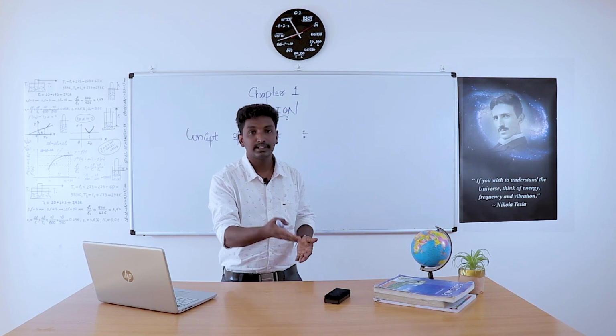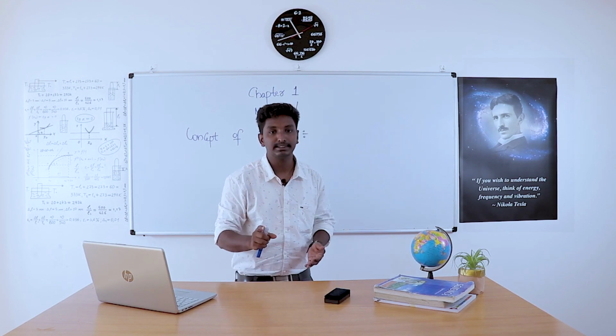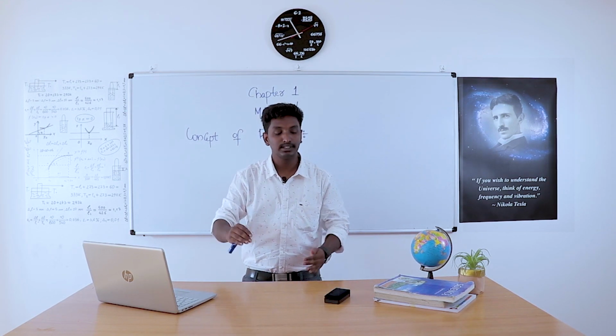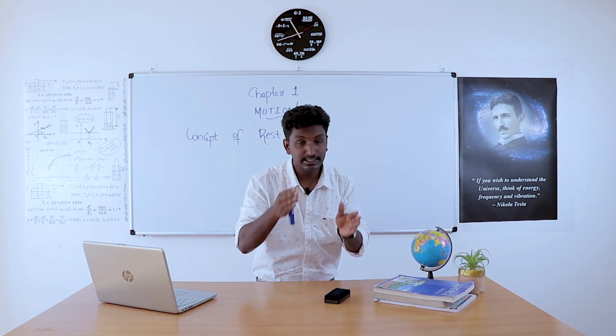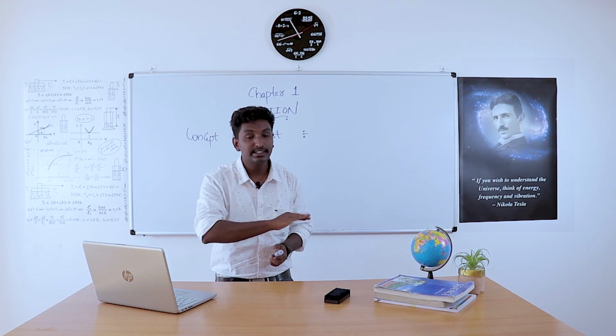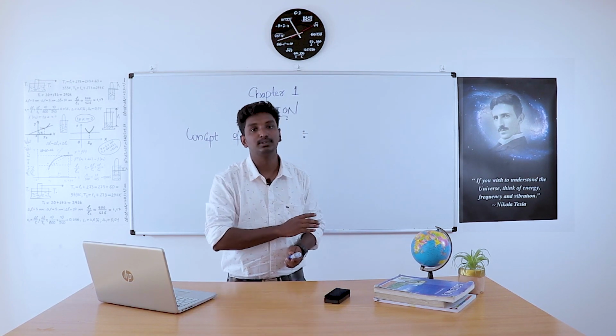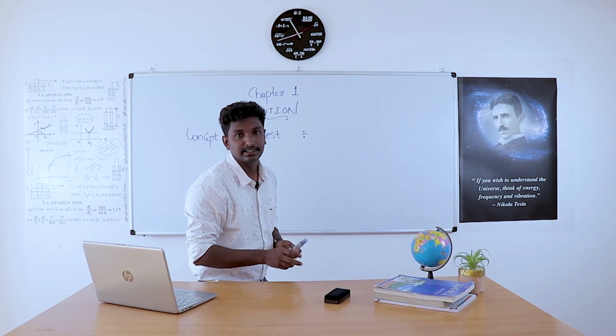Now also, the object remains in the same position. That means when time goes on, the object does not change its position. It remains in the same position. Then the object is said to be at rest.